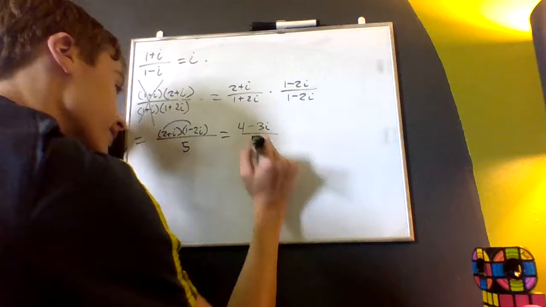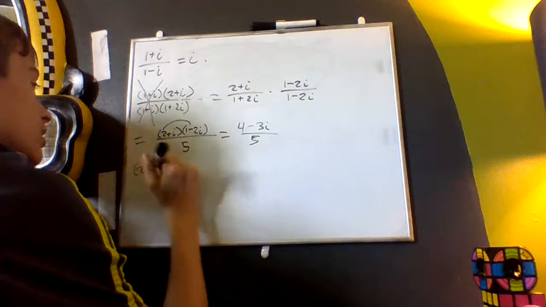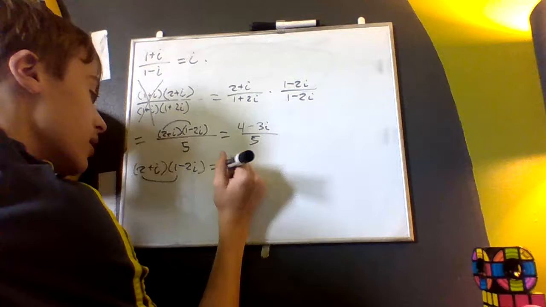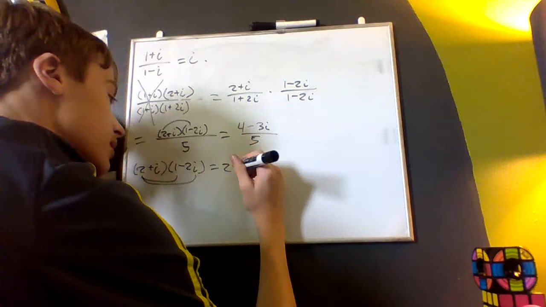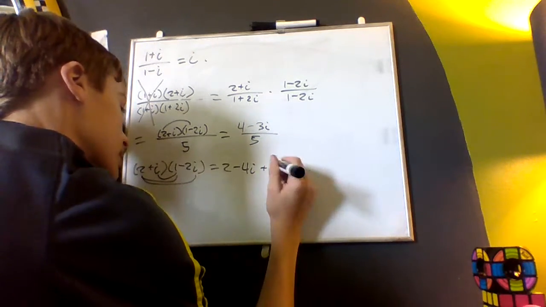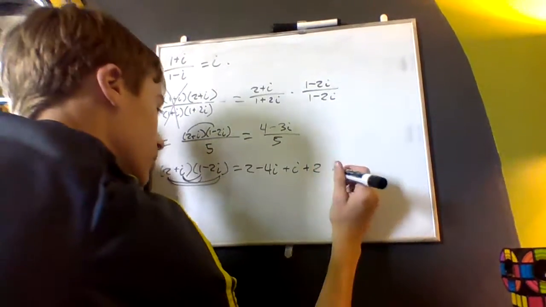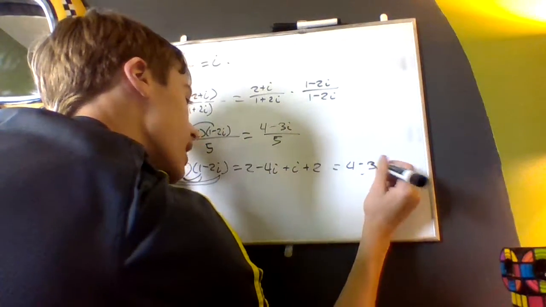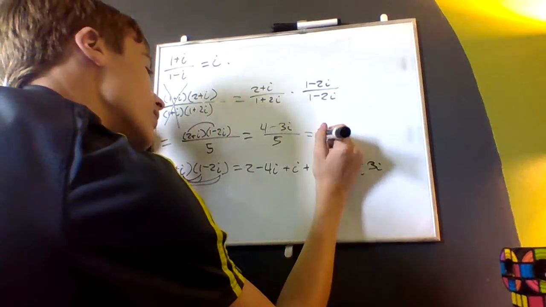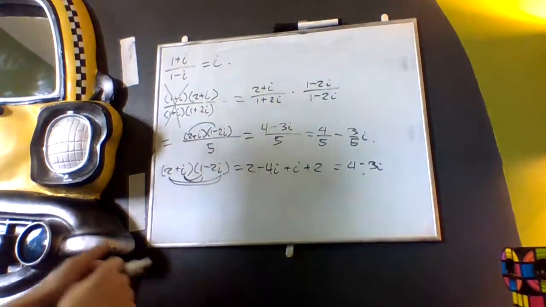If you have any doubts about that, you can go ahead and multiply it. I'm going to multiply it through fully right now. 2 times 1, 2. 2 times minus 2i, it's going to be minus 4i. Then i times 1 is going to be plus i. And then i times minus 2i is going to be plus 2, which is then 4 minus 3i. Dividing that by 5, you can distribute that, so you get 4 on 5 minus 3/5 i. Okay?